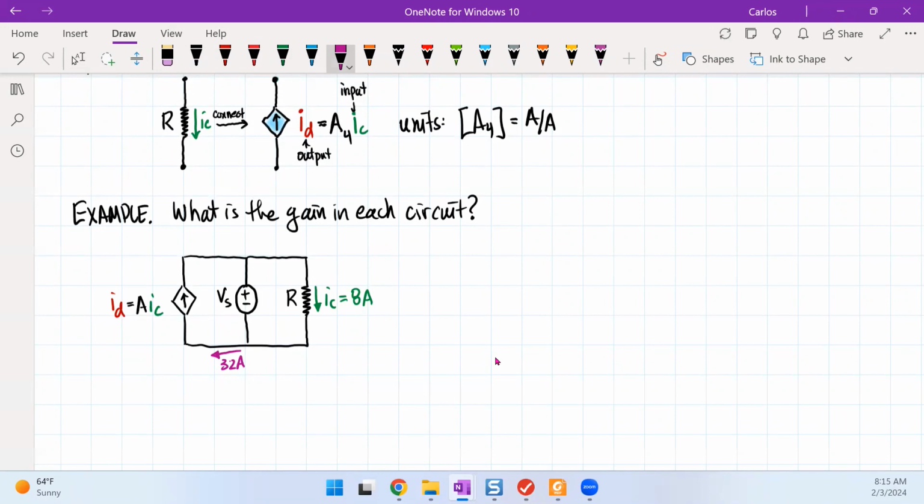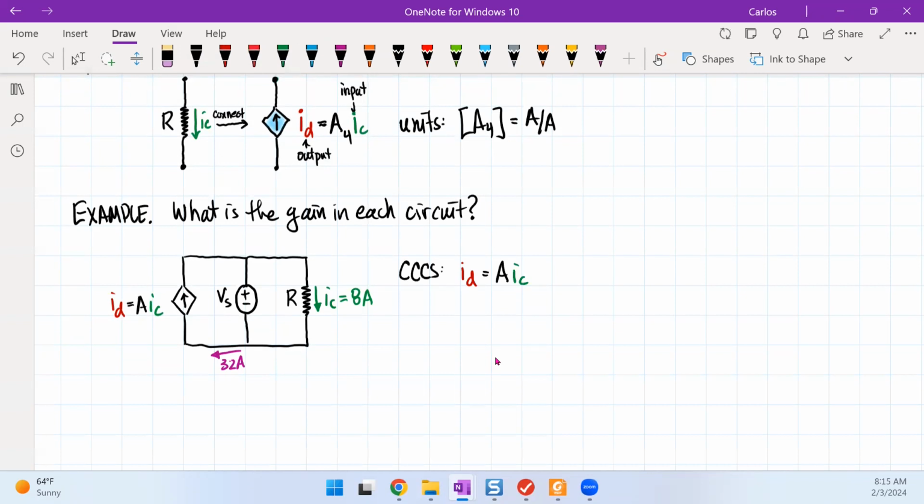By just looking at this, we could see that a current-controlled current source has ID equal to A times IC. So when I look at this, I can write this.